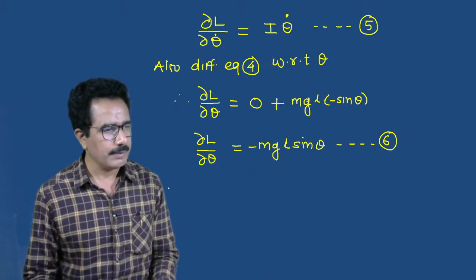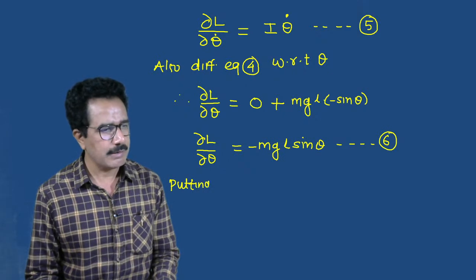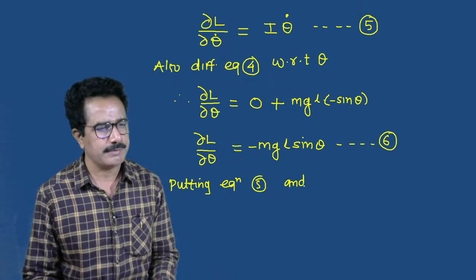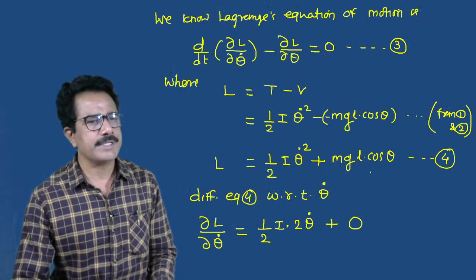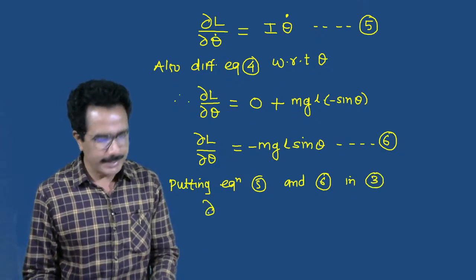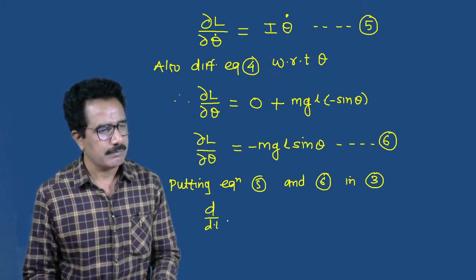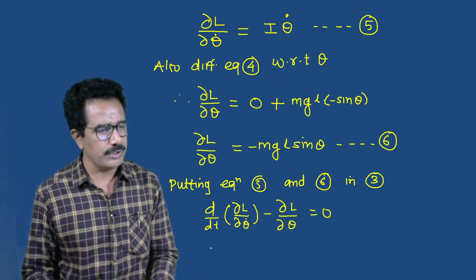So putting equations 5 and 6 in, suppose that equation is 3, that is d by dt of dou L by dou theta dot minus dou L by dou theta, which is equal to 0.